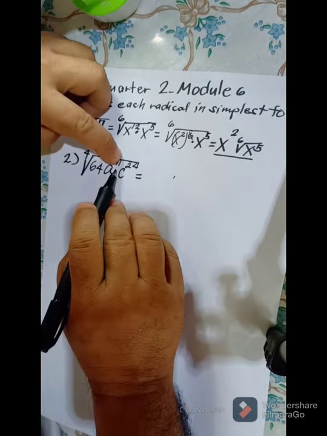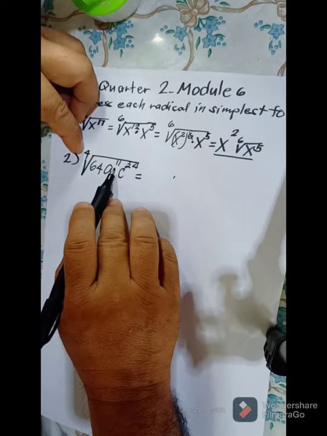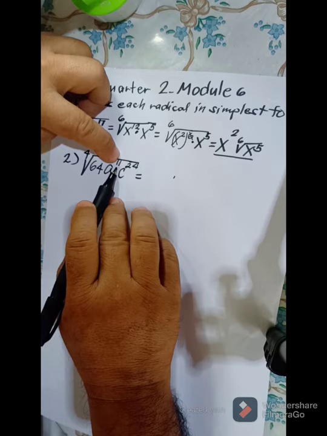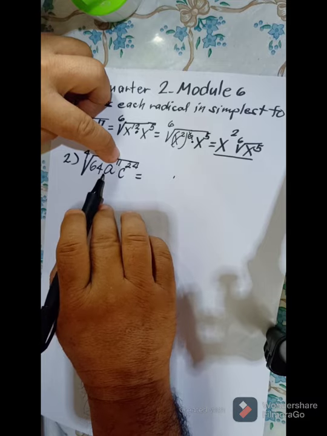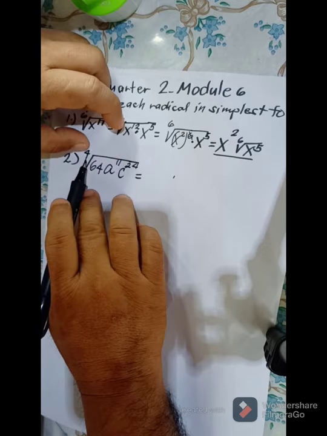Now 11 is not divisible by 4, meaning it's not a perfect fourth power. But this 11 could be the sum of 8 and 3. So we go for 8 and 3 as exponents of a, or 8 plus 3, because 8 is divisible by 4.